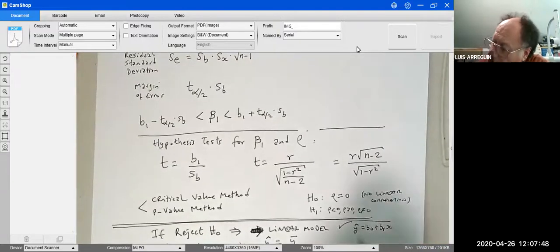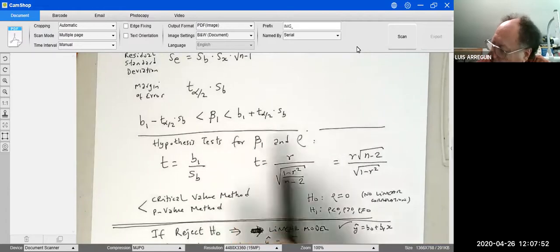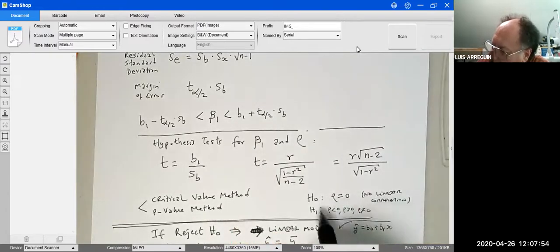And also, if you are testing the slope, you're going to have the same null. So it's going to be just beta 1 equal to 0, and the alternative is going to be beta 1 less than 0, greater than 0, or different than 0.